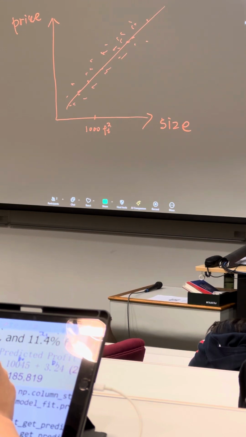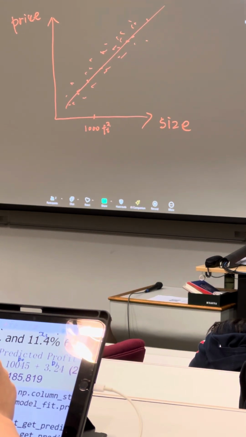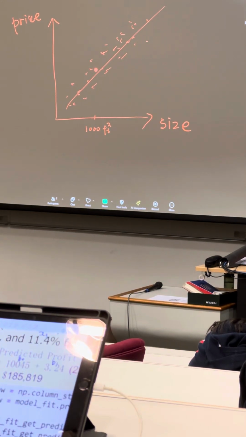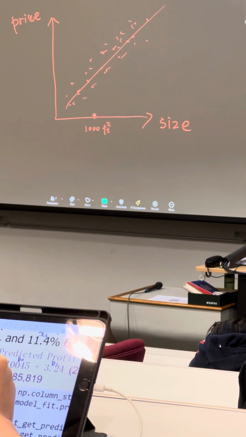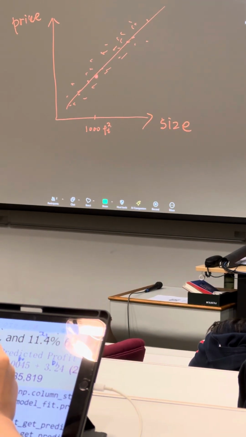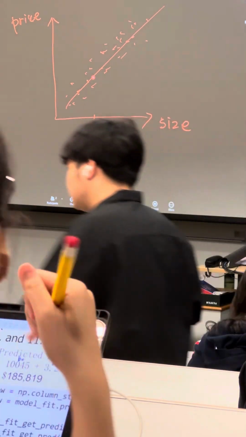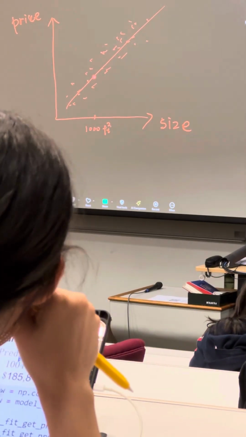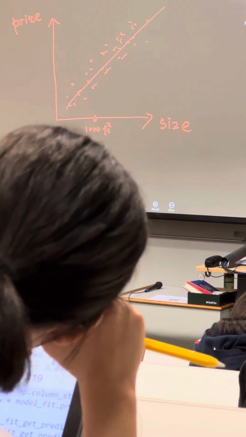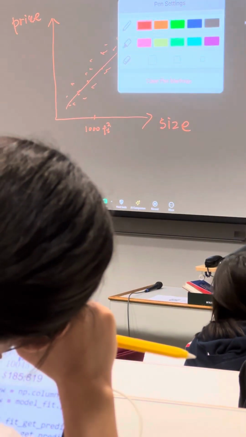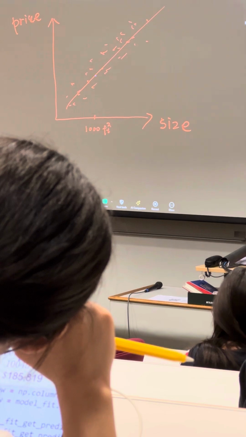So there is variation in the house price for those houses that have exactly the same size. If I want to get a range of the average price, that means if I want to predict the average value of the house price where the houses have exactly the same size, 1,000 square feet, then I will have a point here.